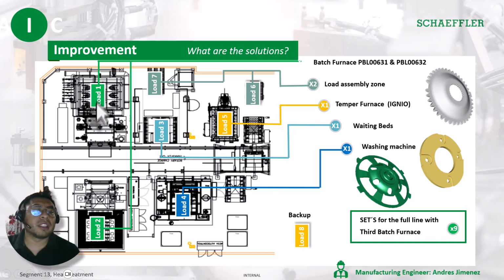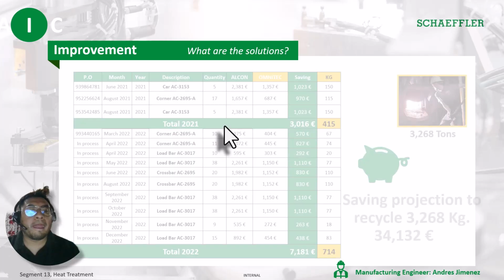This is batch furnace 1, and this is batch furnace 2, and we did an analysis about how much tooling we need in the area and how much damaged tooling we could keep in the area.